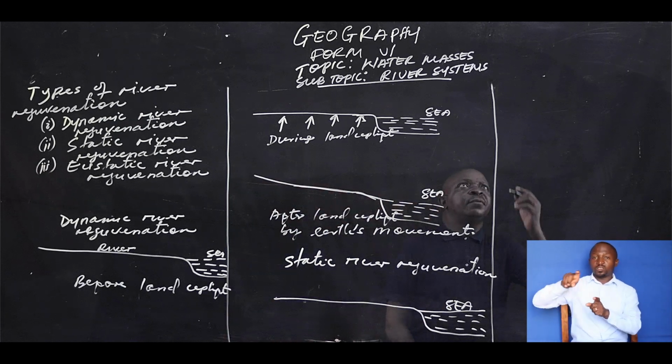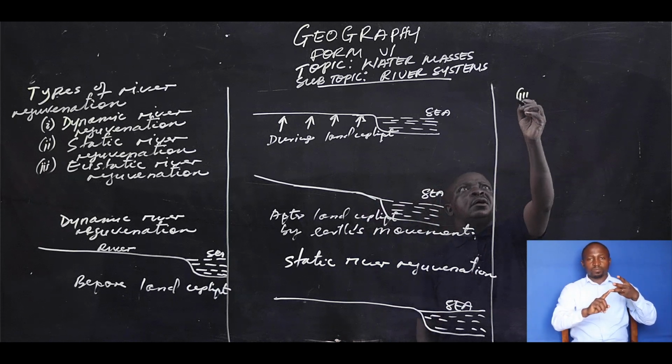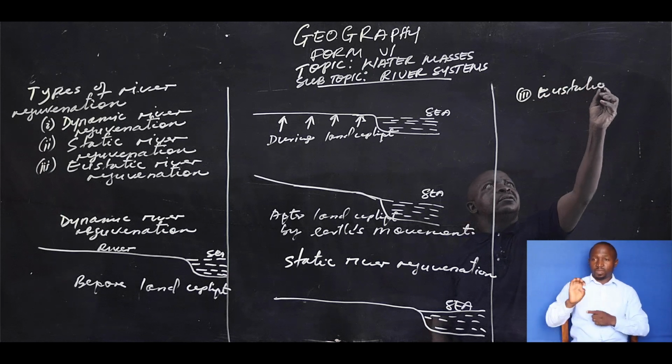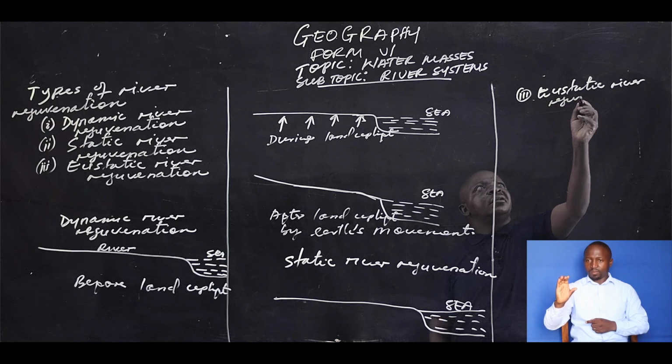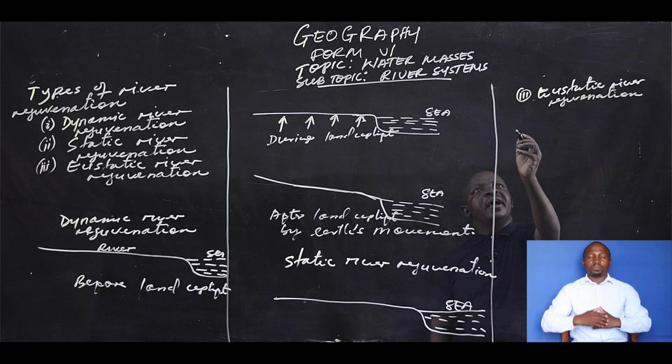The third type is eustatic river rejuvenation. Look here.